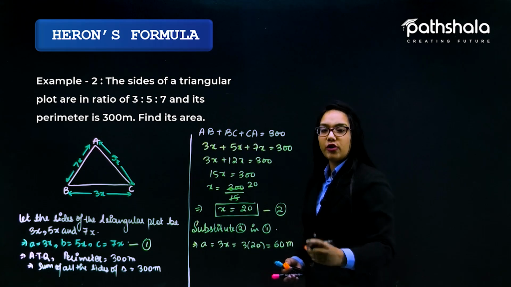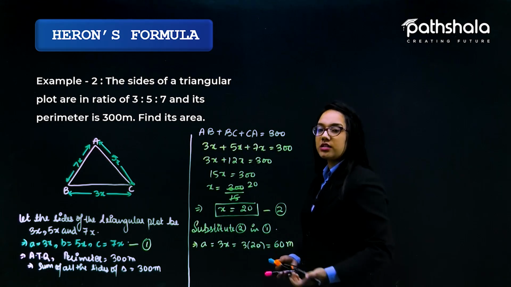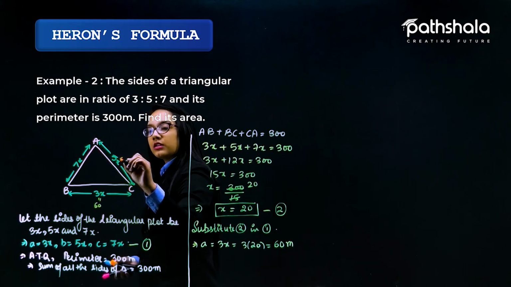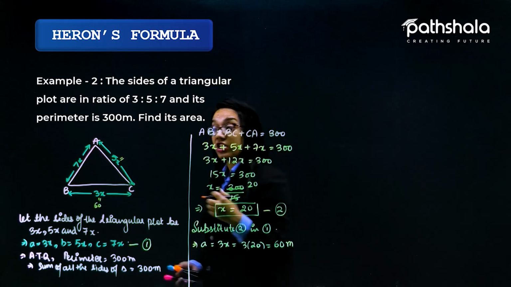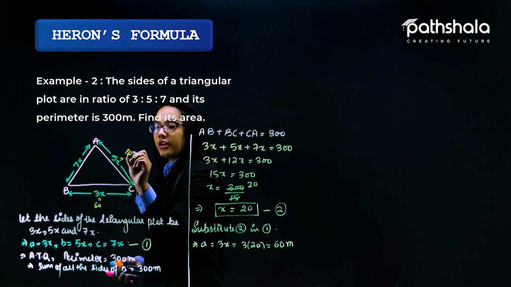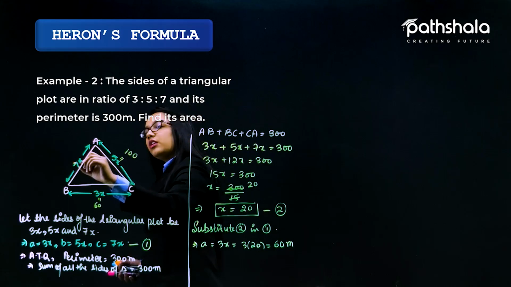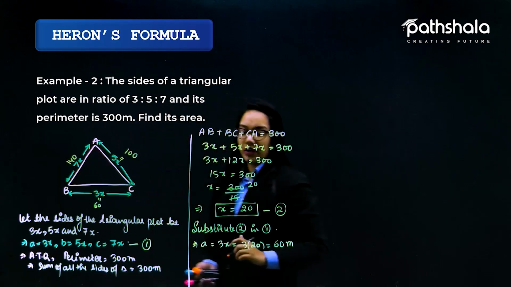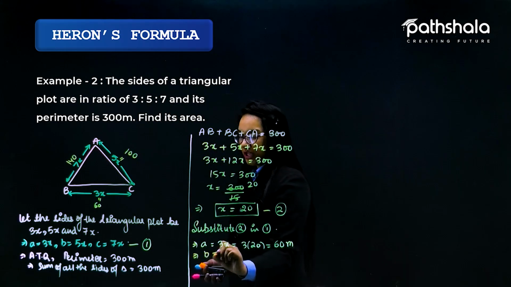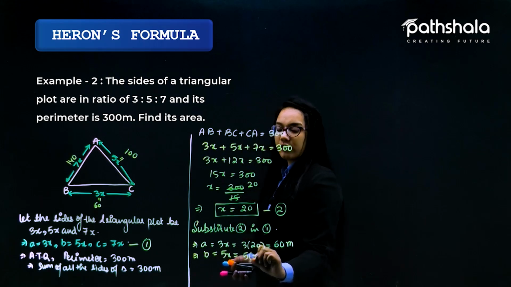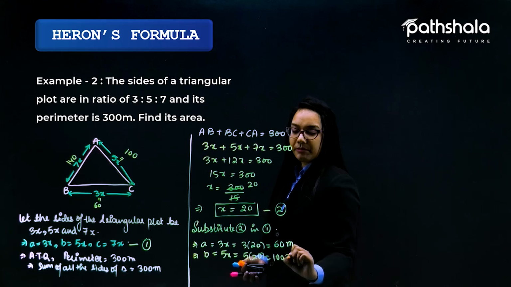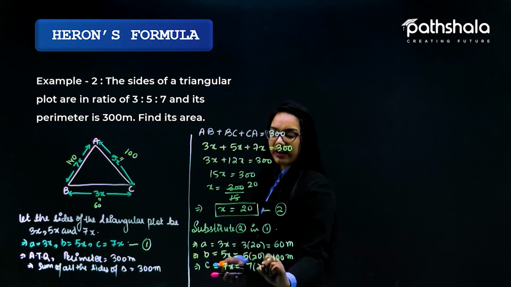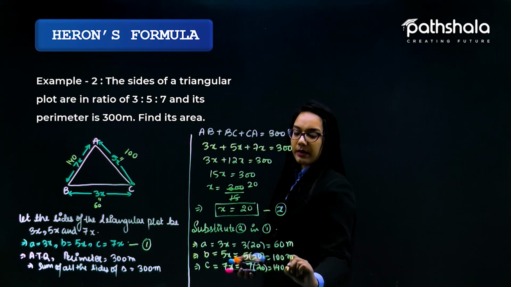Then B is 5x, which with x as 20 is 100 meters. And C is 7x, which is 7 into 20, that is 140 meters.